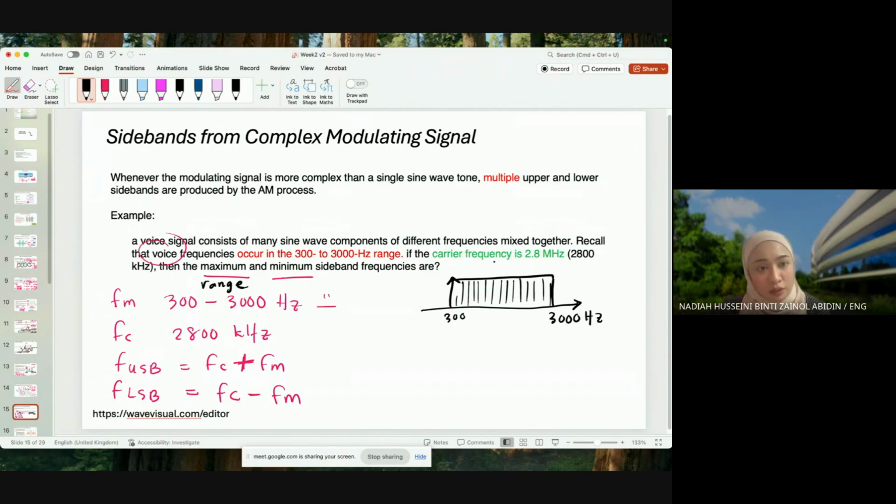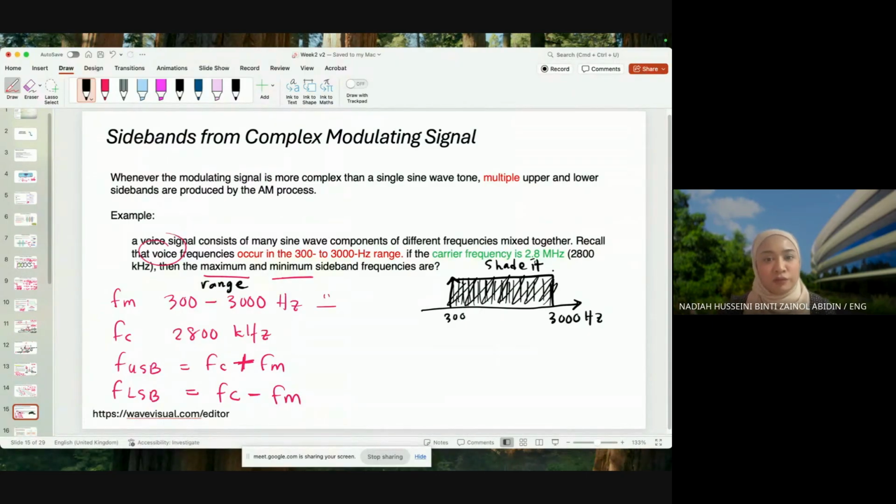There's a lot, a lot. So we don't actually draw all the lines because it's basically everything. You just draw a block and shade it. Okay, so this is everything.